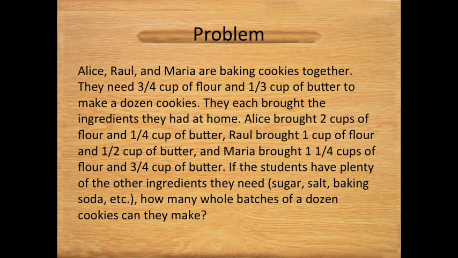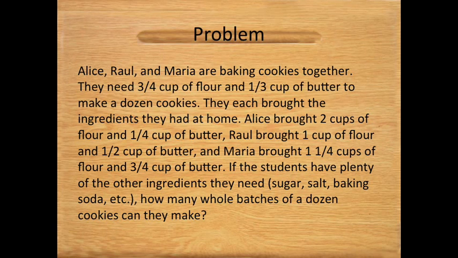Raul brought 1 cup of flour and 1/2 cup of butter. Maria brought 1 1/4 cups of flour and 3/4 cup of butter. If the students have plenty of the other ingredients they need, the sugar, the salt, the baking soda, and everything else, how many whole batches of a dozen cookies can they make?